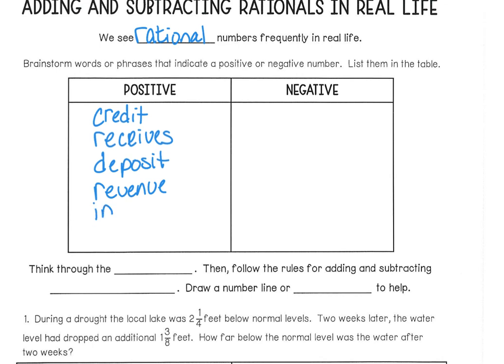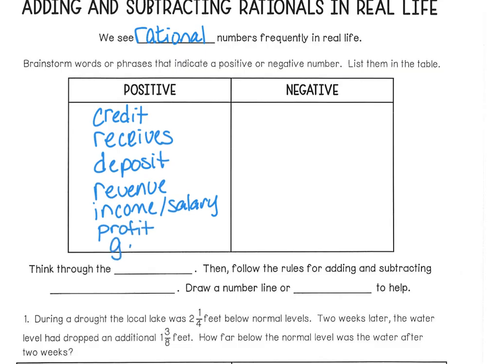So when you get a job, you have what we call income or salary. The difference is salary, it's a set amount that you always get paid no matter how many hours you work. But income is you work by the hour. You have profit. When you have a business, the money that you make is profit.